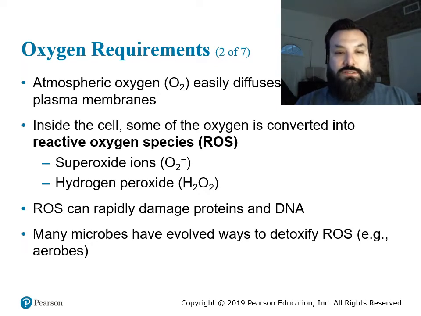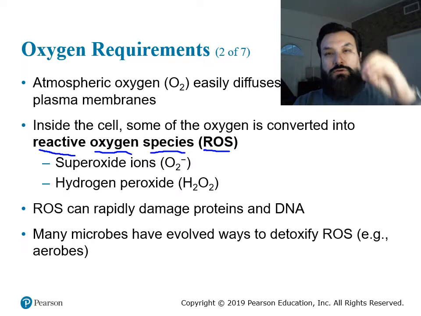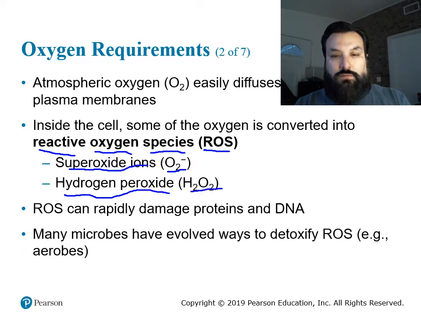This oxygen is actually converted into what we call a reactive oxygen species, a different form inside of a cell. The oxygen turns into a different kind of chemical component, let's say. They can turn into what we call superoxide ions, where they actually gain electrons, or they can turn into hydrogen peroxide.